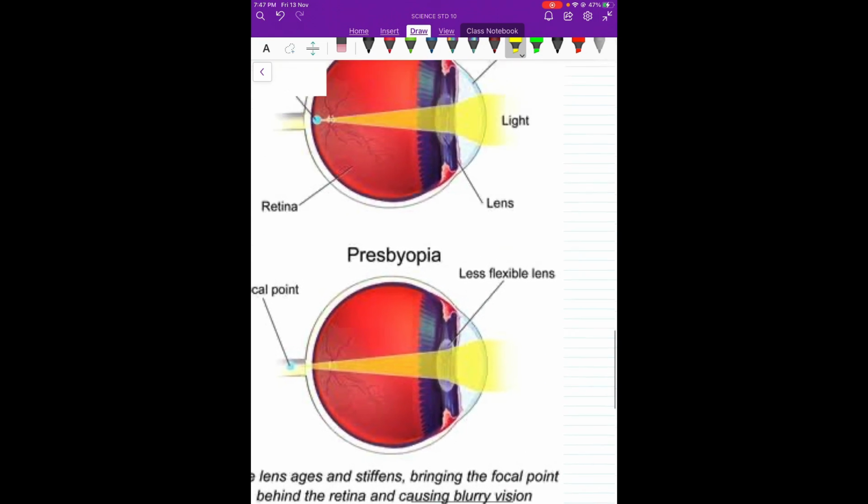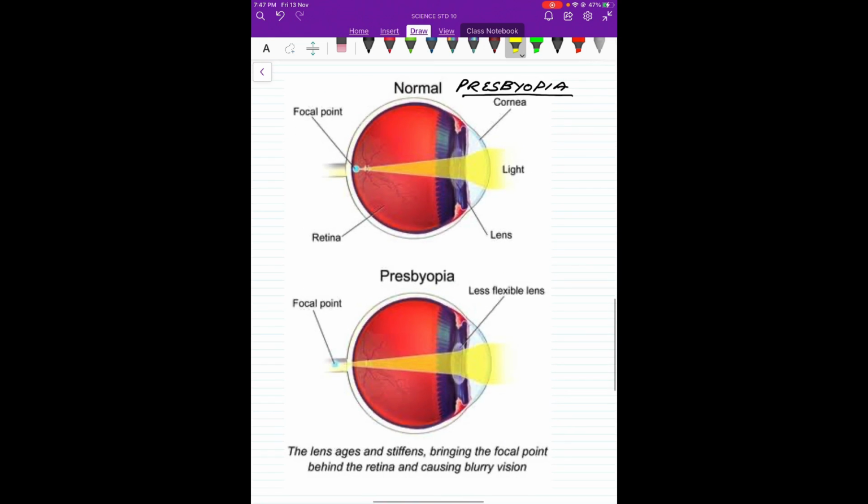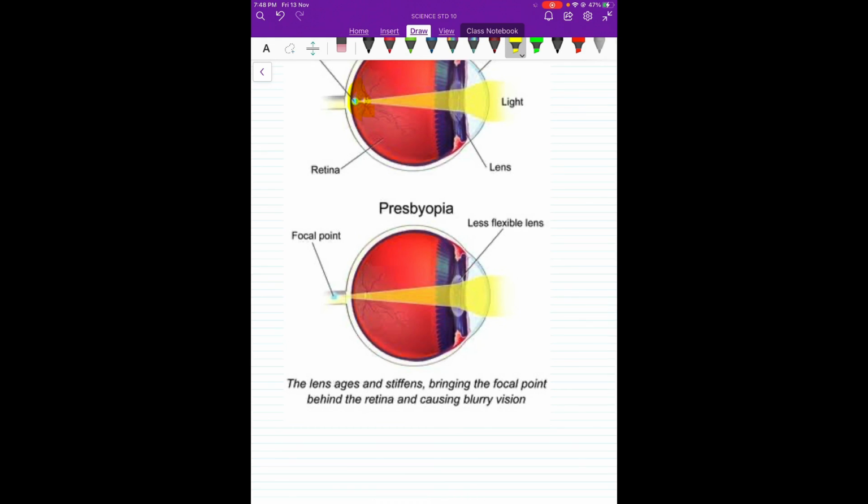So we can just see how presbyopia occurs. This is a normal eye in which the light is focused exactly on the retina. But in presbyopia it is not focused. This is the focal point, and it has moved away from the retina.